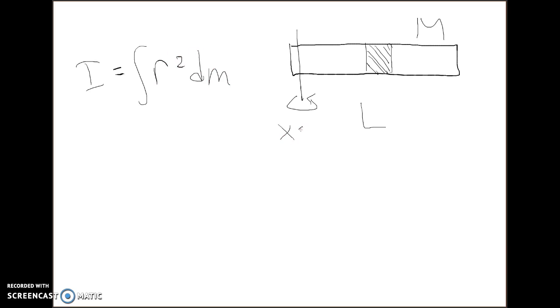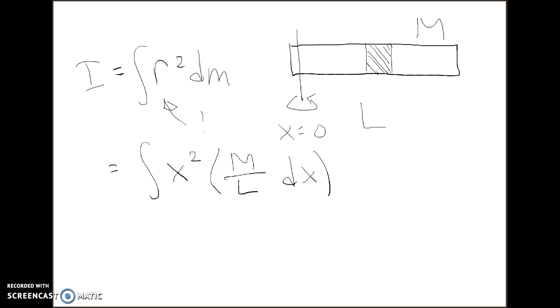And so if we measure distance from the center of rotation, and after all, that's what we mean by r. Don't forget, this isn't a radius. This is the distance away from the axis of rotation. If we remember that, then each little piece of m will be at some distance x squared, and the little piece of m is the density m over L times the little piece of length dx.